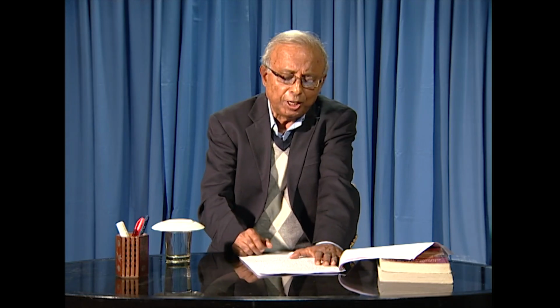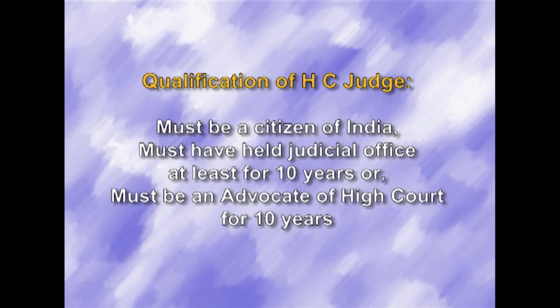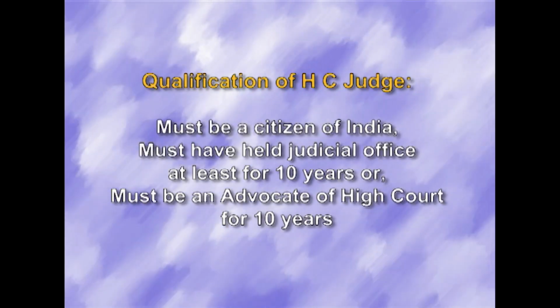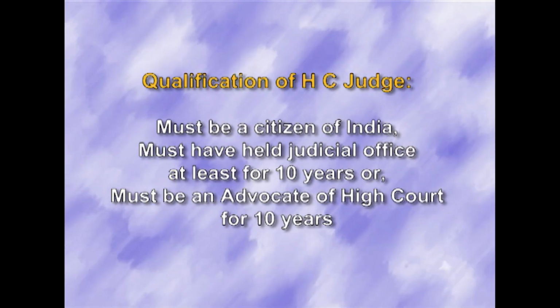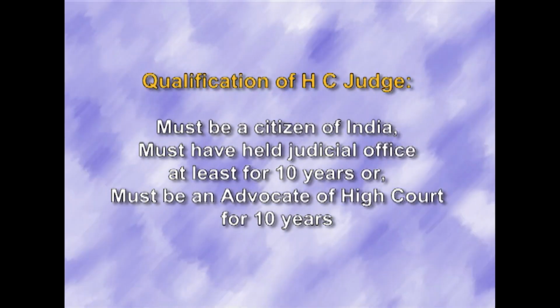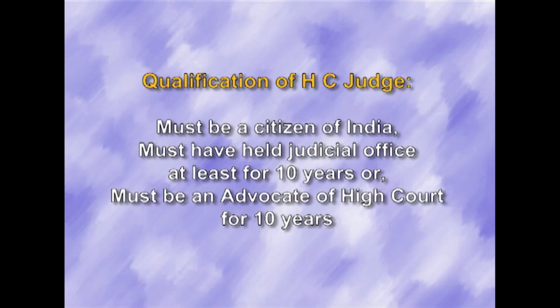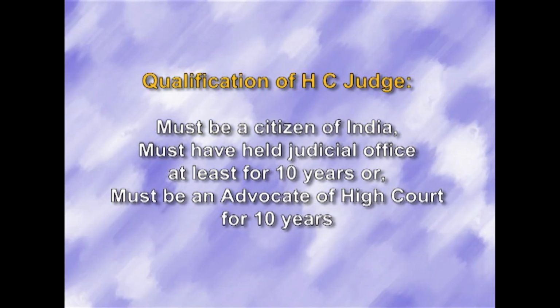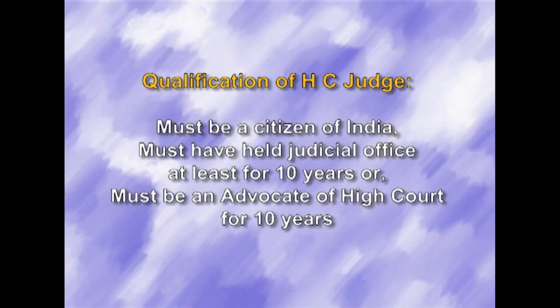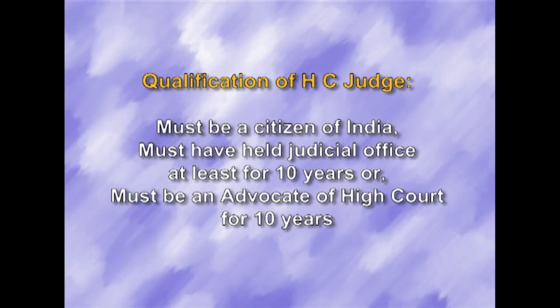Now, I discuss briefly some of the essential points like qualification for High Court judges. A person to be appointed as a High Court judge must be a citizen of India, must have held judicial office at least for 10 years, or he must be an advocate of a High Court or two or more High Courts for at least 10 years.